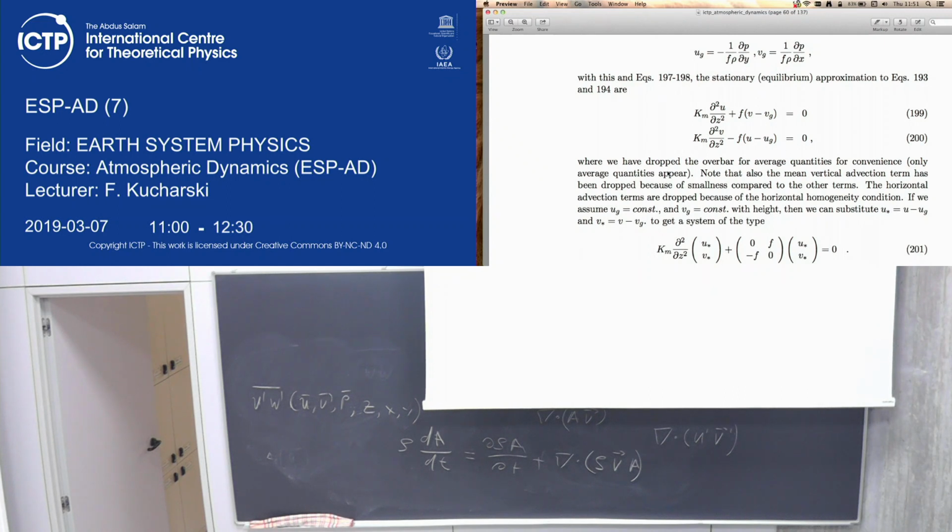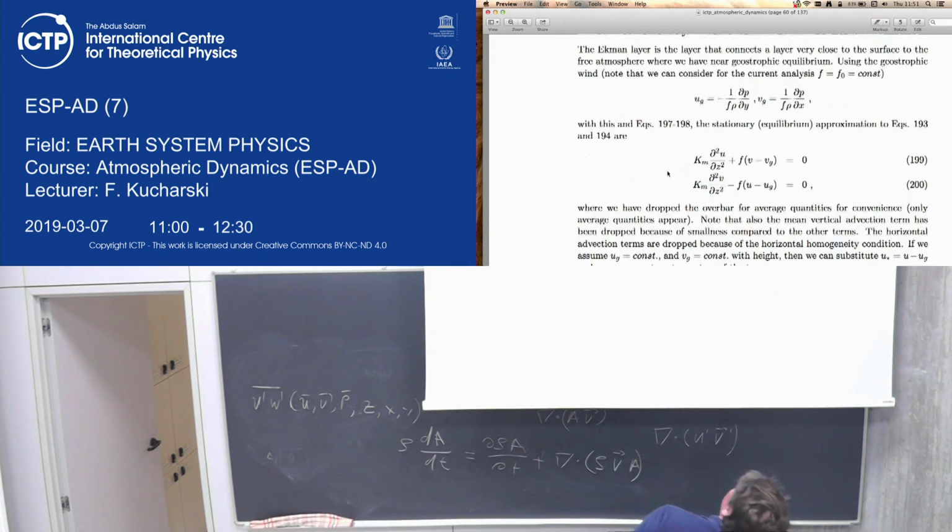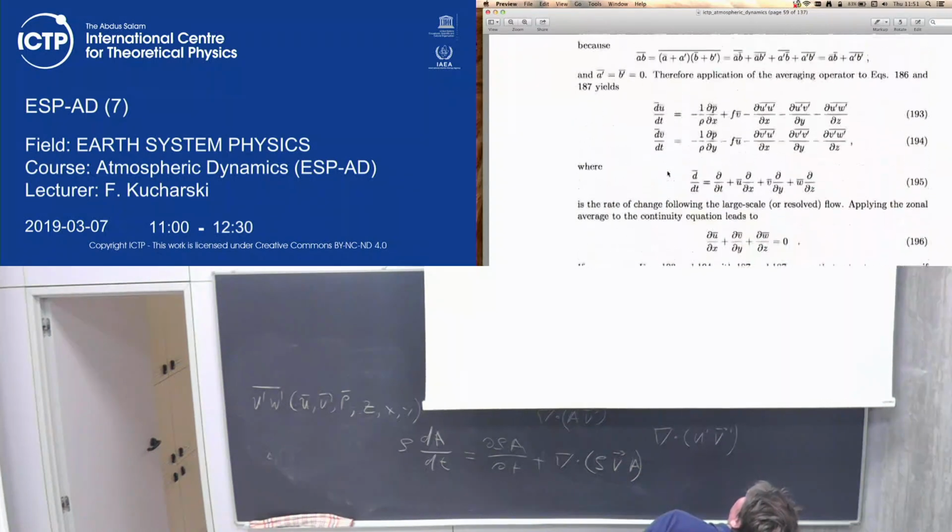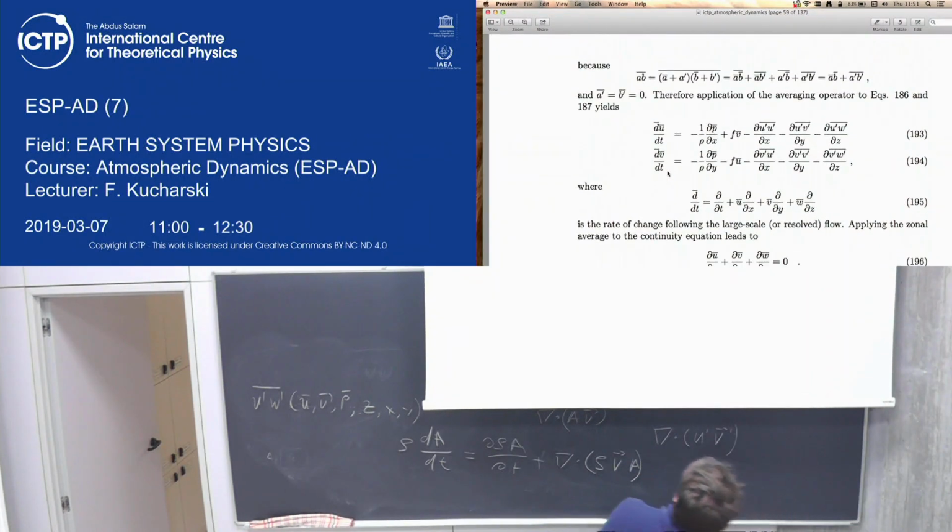Secondly, we have ignored the vertical advection term of the mean flow, this term here, because in principle in our equations there were still vertical advection terms. We could treat it, but it would make our theoretical treatment much more complicated. Maybe the system wouldn't be closed. But in principle, in reality, it could be there.